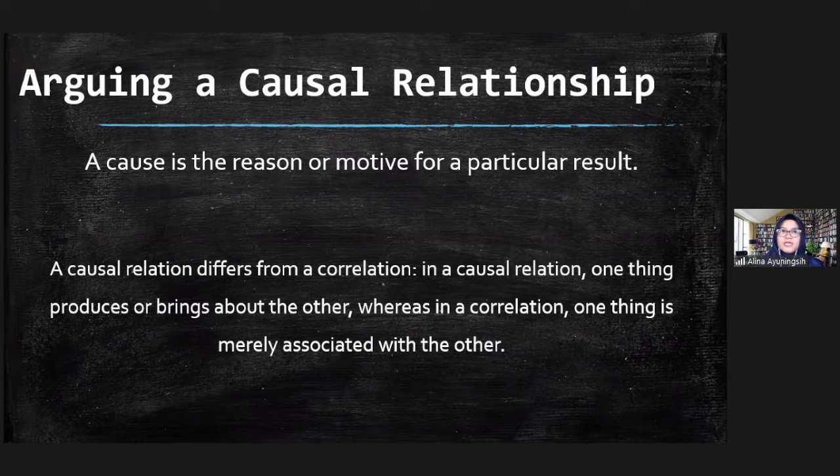However, correlation is only an association with something else, so we don't see the effect. If we can see the effect, it means it is a causal relation. A cause is the reason or motive for a particular result. For a correlation, it's only the association; we don't see the effect or the result of it.